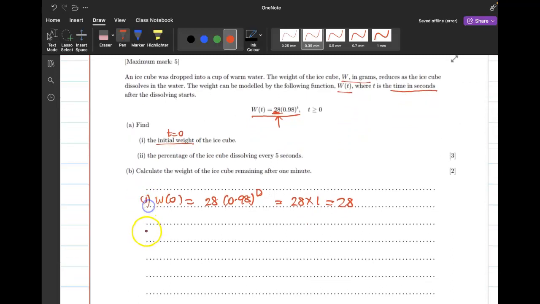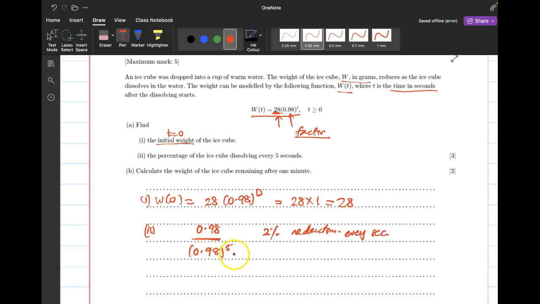That's the first part. Now the percentage of ice that dissolves in 5 seconds. This is a tricky one. In this case, 0.98 is the factor that we have. Whenever you have 0.98, it means a 2% reduction every second.